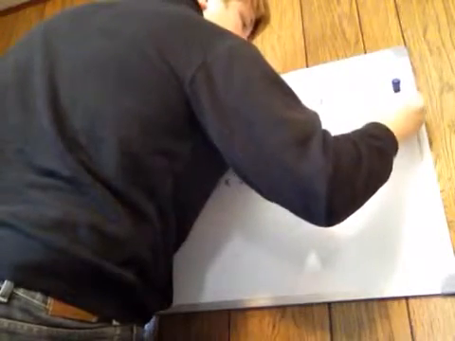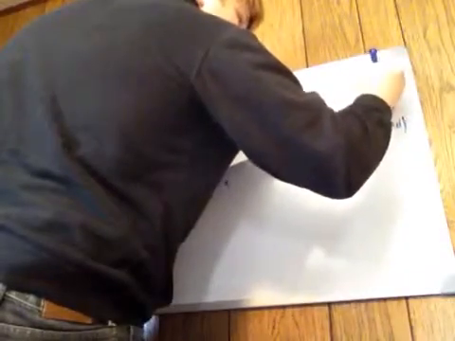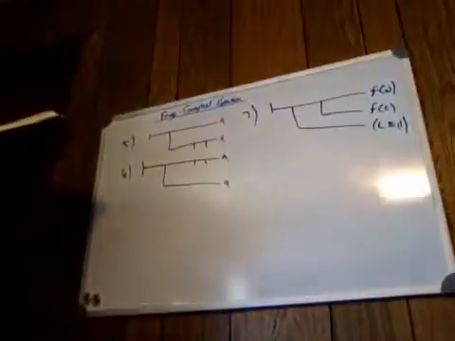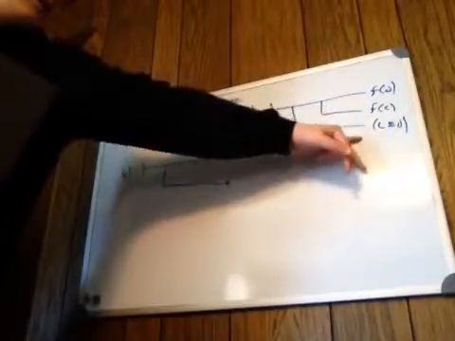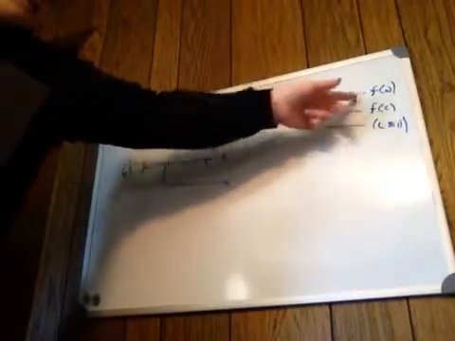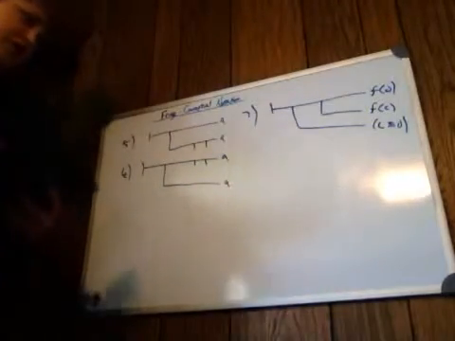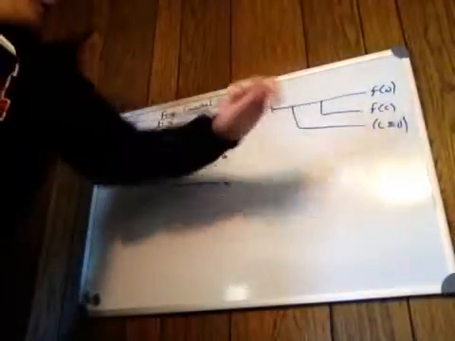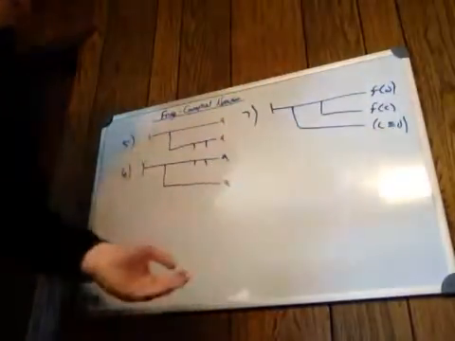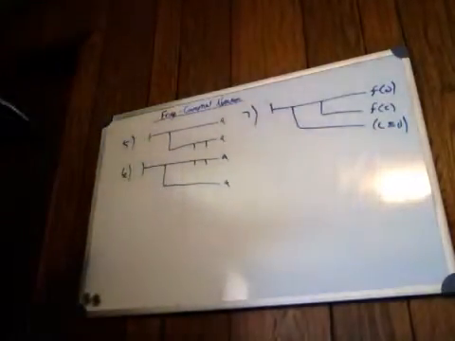7. C triple bar D, F of C, F of D. He uses functions, which I do like. C triple bar D, which means C if and only if D. So if C if and only if D, then if F of C, then F of D. And in the next section where he talks about sequences and how the F traits are hereditary, which I will be doing a video about hopefully today, that's very interesting.